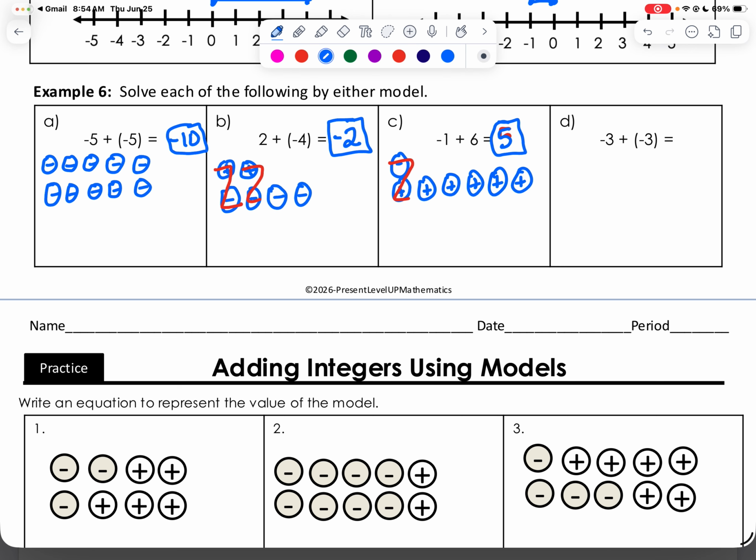All right, pause the video and try problem D on your own. All right, welcome back. So I had 3 negatives on the top and 3 negatives on the bottom. Nothing zeroes out. So negative 3 plus negative 3 gives me negative 6. And that concludes today's lesson, adding integers using models.